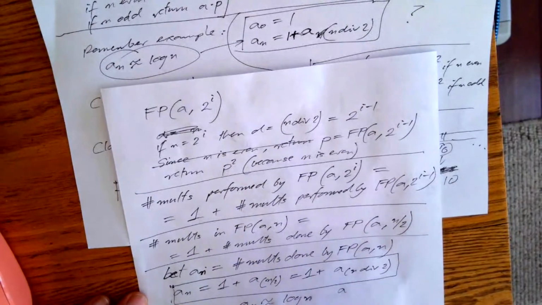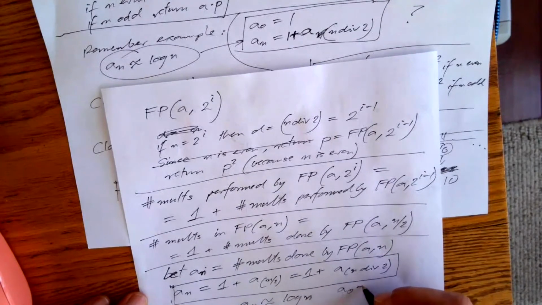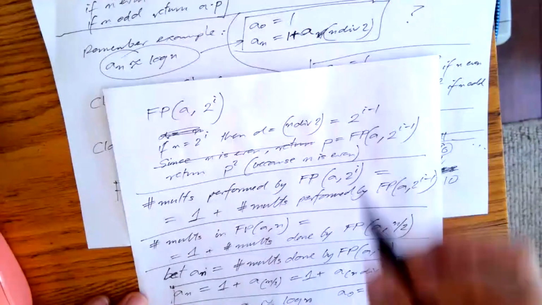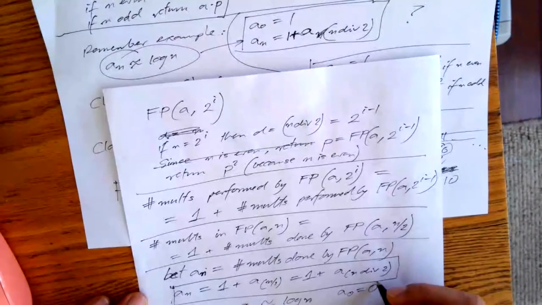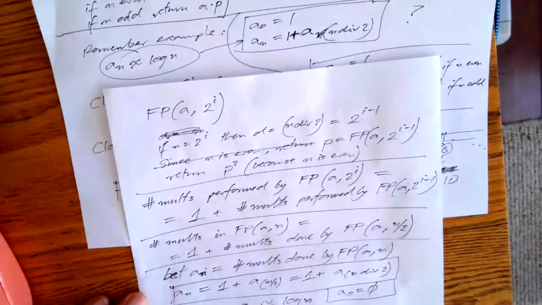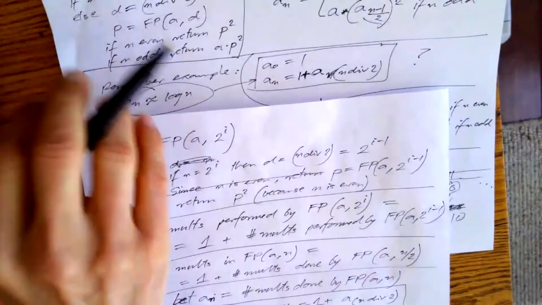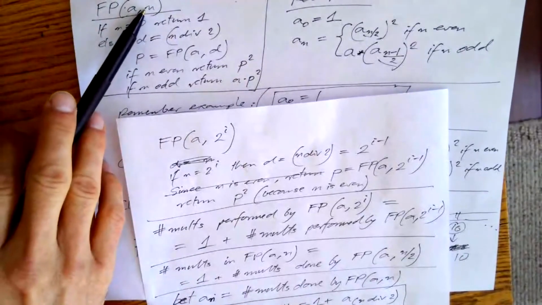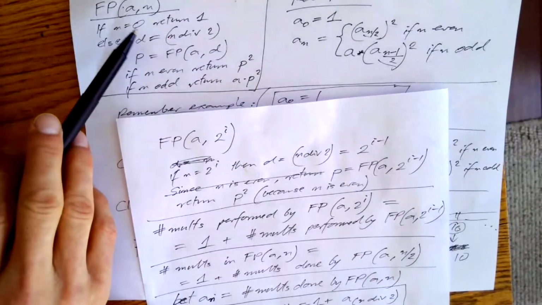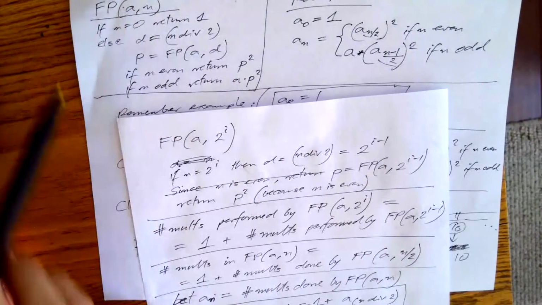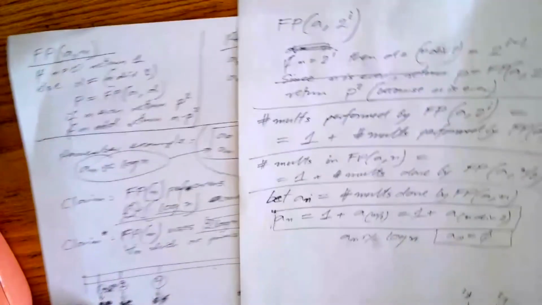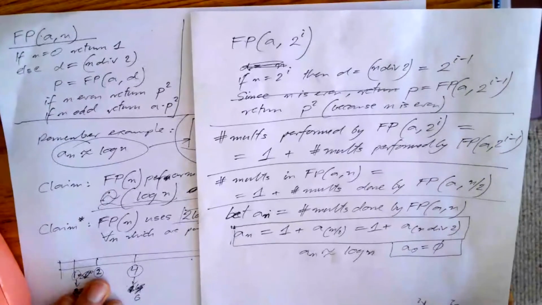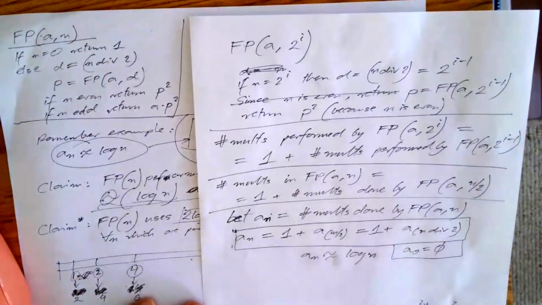So I also have to define at the beginning what happened, right? So what was a0? It's 0. Yes, because for a0, you know, how many mults does this algorithm do? For input 0, it doesn't do any mults. It just goes to the base case. Okay.